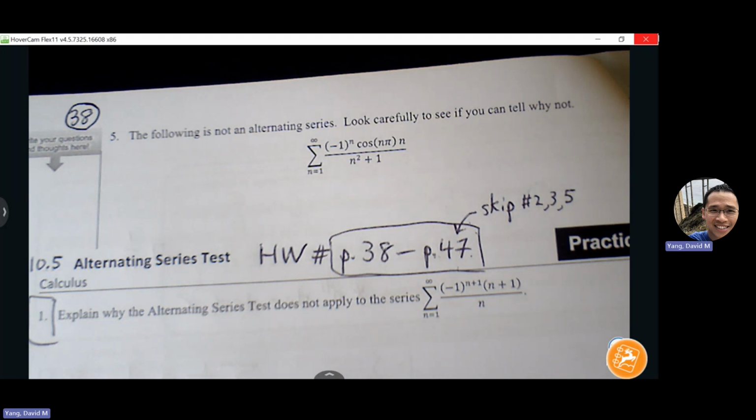Because it's not approaching 0. And so therefore it would diverge by the nth term test. It'll diverge because it doesn't equal 0, even though it's hovering around 0.